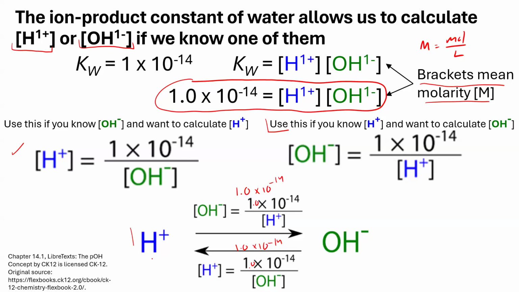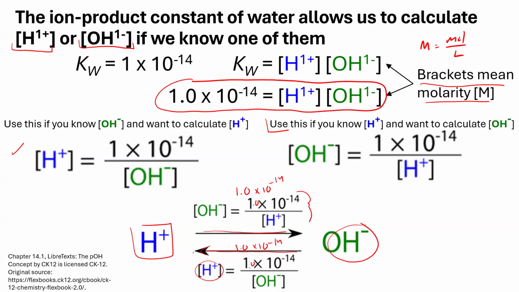If we know the hydrogen concentration, we just go to the right and use this top equation, and that gives us the hydroxide concentration. If we know the hydroxide concentration and we want to know the hydrogen concentration, we go back this way and just do 1 times 10 to the negative 14th divided by the hydroxide concentration. That gives us now our H plus concentration.